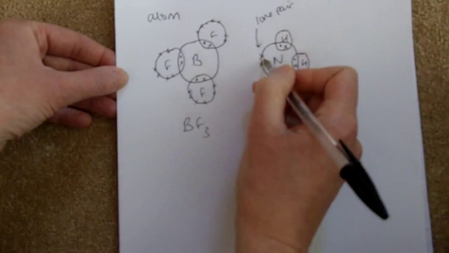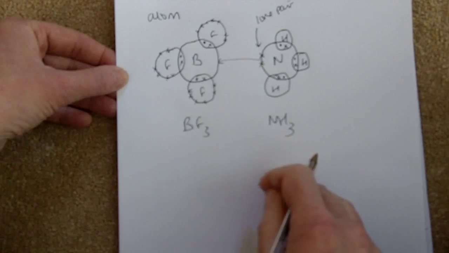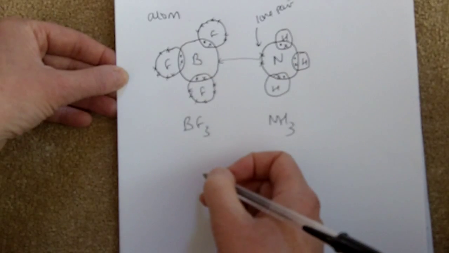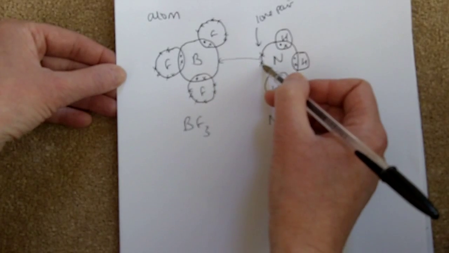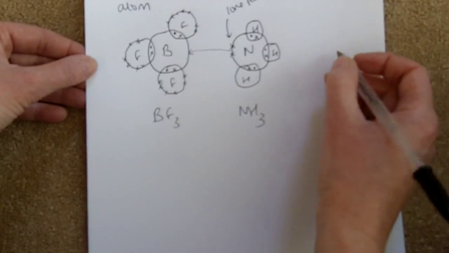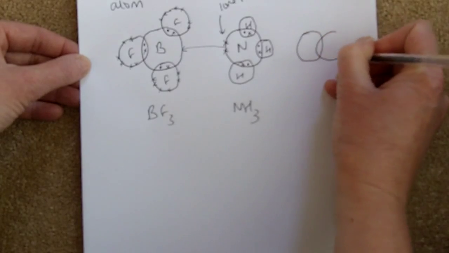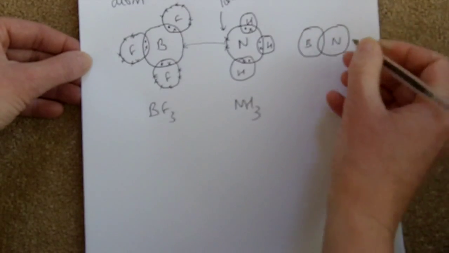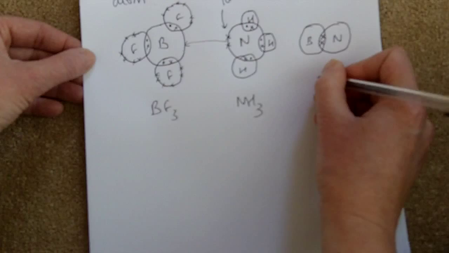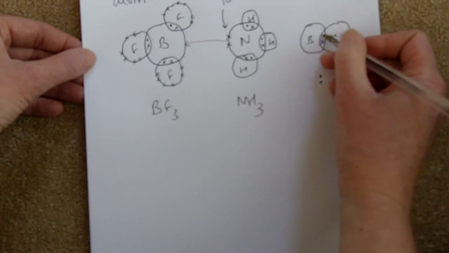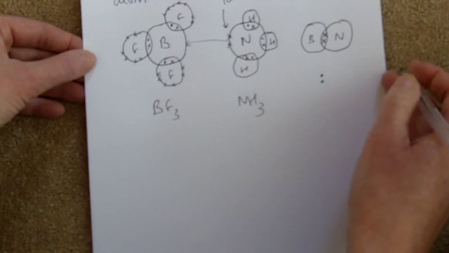So what nitrogen can do is donate, share this lone pair of electrons, and that is called a dative covalent bond, because boron has an empty orbital, nitrogen's got a spare pair of electrons, and they can share. Now when you draw it, I'm not going to draw all of it because it'll take too long, but you just show it as an overlapping of the B and the N, and instead of dot cross, it's cross cross, or it can be dot dot, but you've got to have the same electrons to show that they've come from the same atom, and that is called a dative covalent bond.